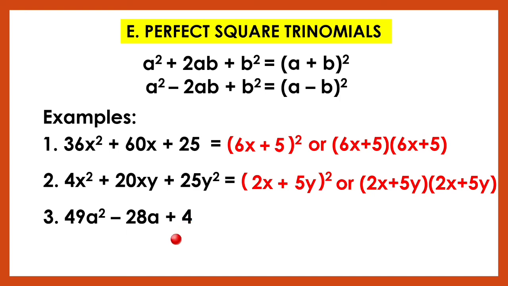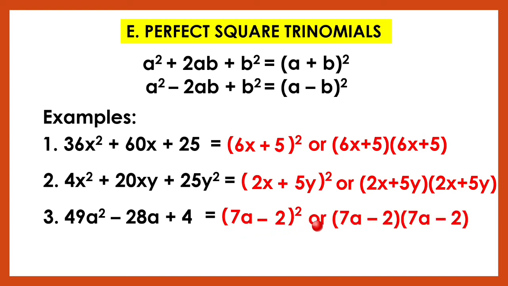What are the factors? So, minus iyon. So, ang gagamitin natin is minus. What is the square root of 49a squared? That is 7a. What is the square root of 4? That is 2. So, we have the square of 7a minus 2 or 7a minus 2 times 7a minus 2.